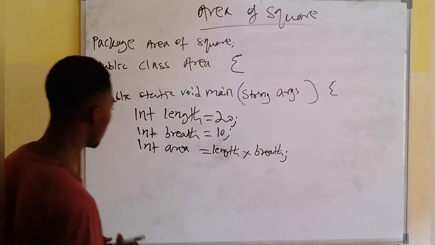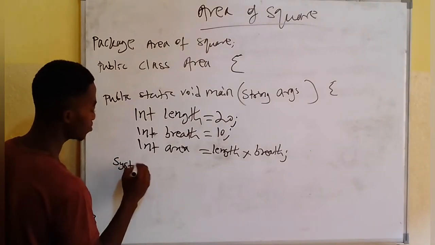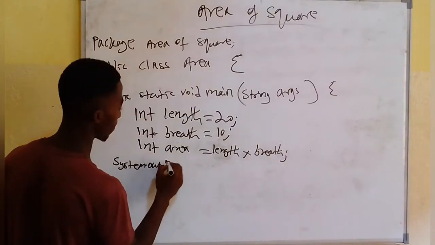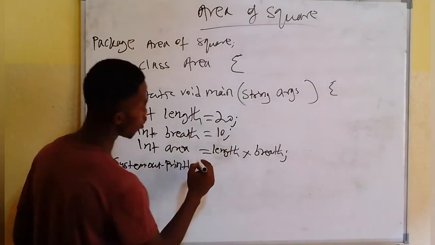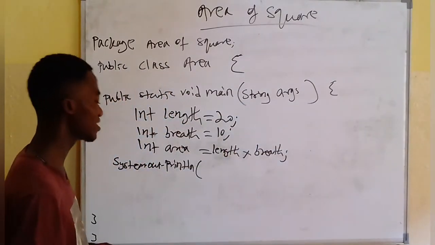Alright? So now we will say system.out.println, right? Then open your parentheses and then pass in the argument.